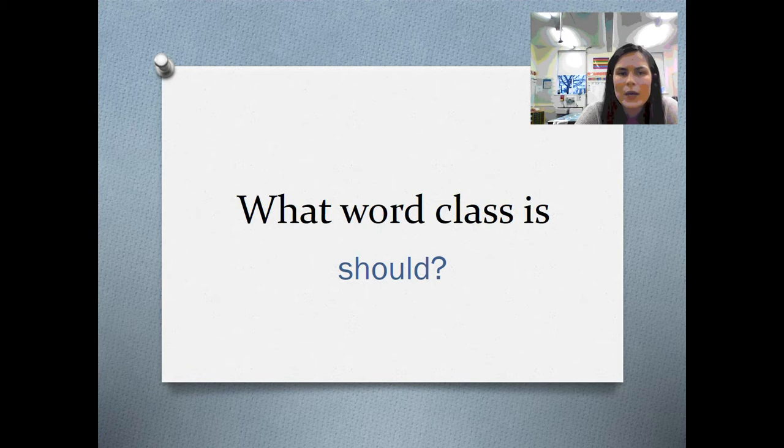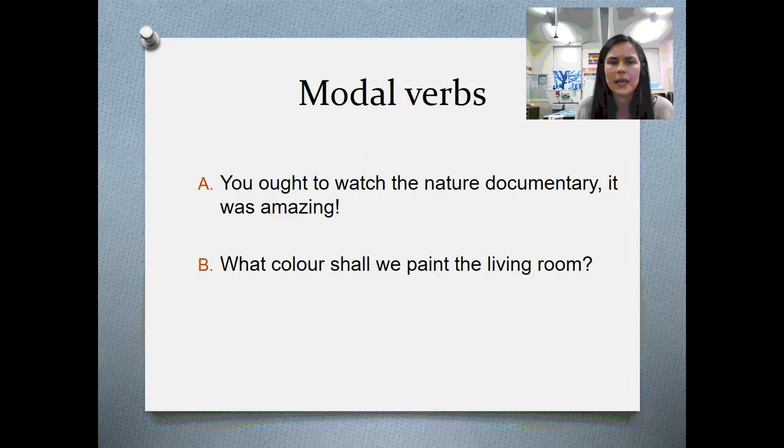So today we are going to be looking at modal verbs and the amount of possibility they have on a verb. So here we have got two sentences, sentence A and sentence B. Sentence A, you ought to watch the nature documentary. It was amazing. And B, what colour shall we paint the living room?